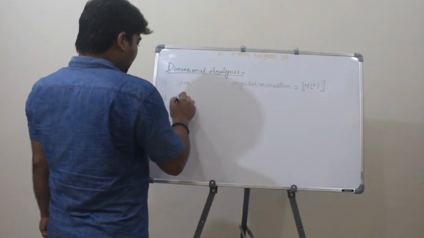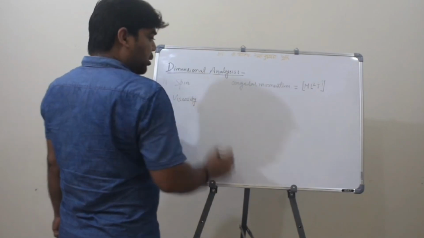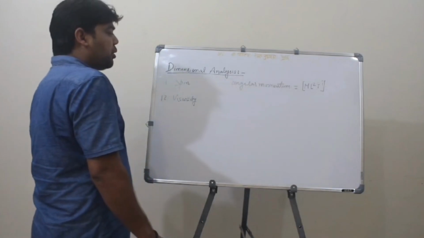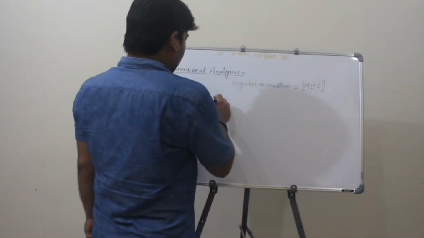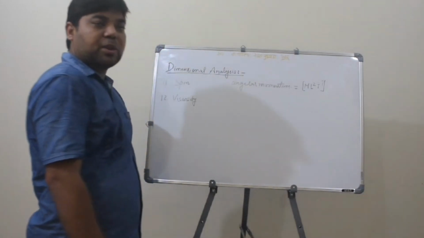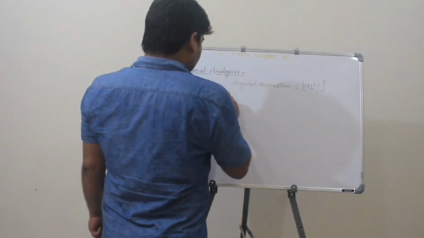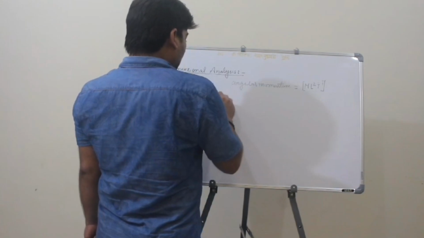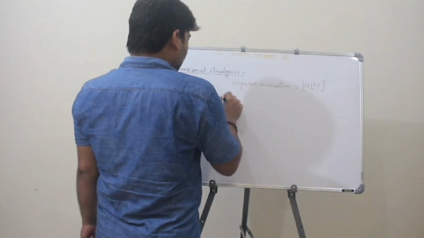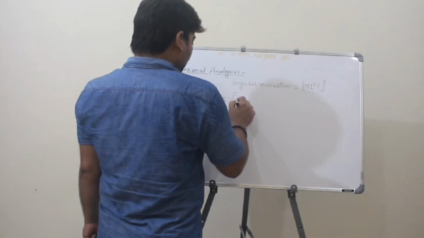So what is viscosity? If you recall, viscosity is defined by the relation F equals 6 pi eta r v. From that relation, you can simply calculate eta as F divided by 6 pi r v.